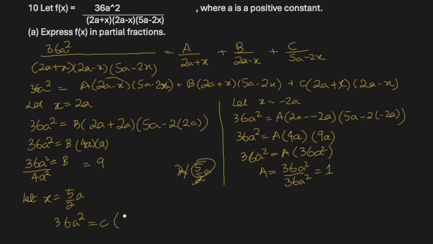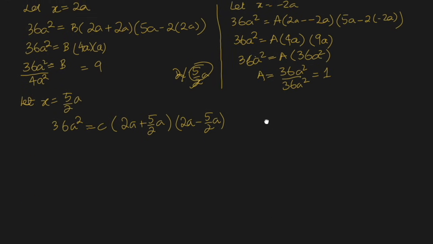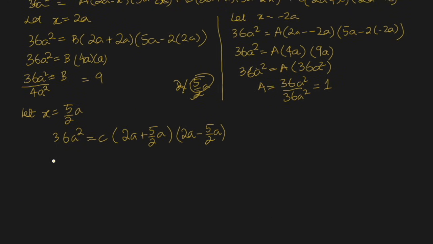2a plus 5 over 2a. Then 2a minus 5 over 2a. Okay. So 36a squared equal to C. This will be 2 times 2, 4 plus 5, 9 over 2a.